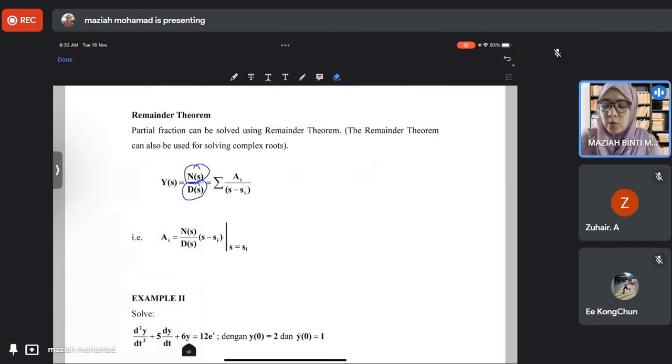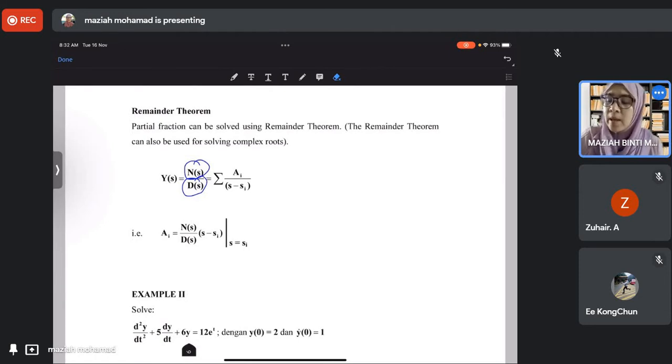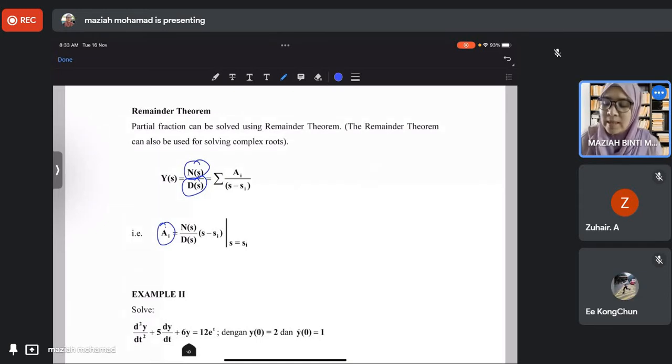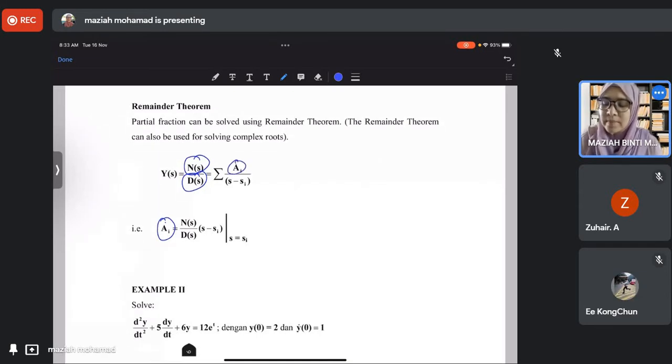So for the remainder theorem, in order to solve for any parameters, here it uses A1, A2, A3, A4, and so on. In order to solve for A1, we just take A1, and then this term will be multiplied to here.